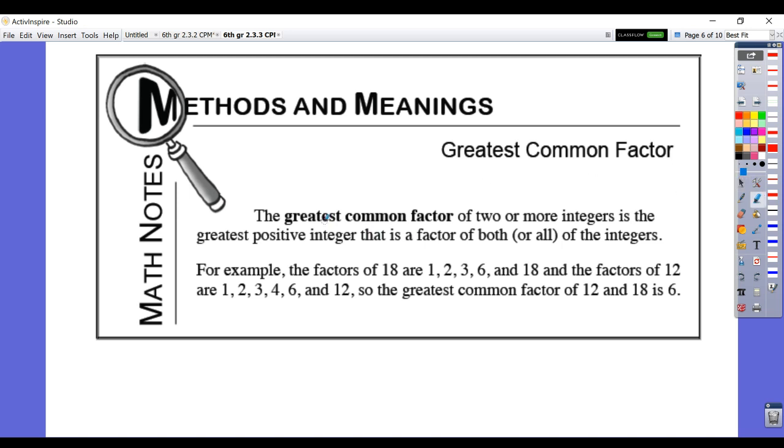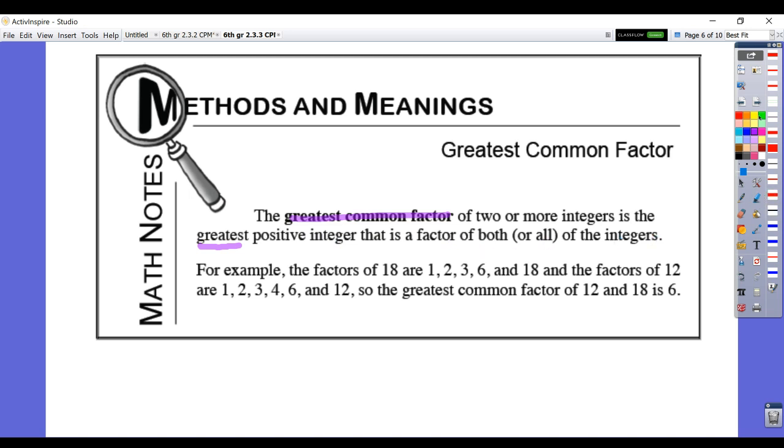The greatest common factor of two or more integers is the greatest, the largest, positive integer, meaning positive whole number, that is a factor of both or all of the integers.